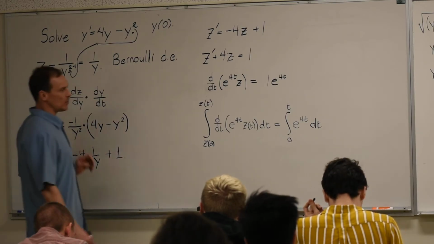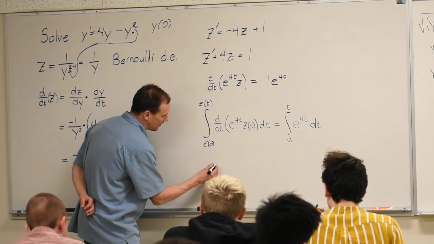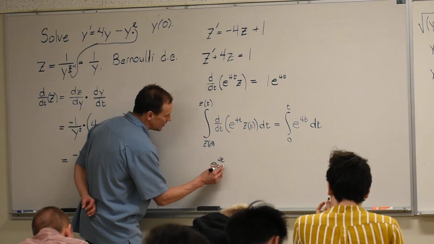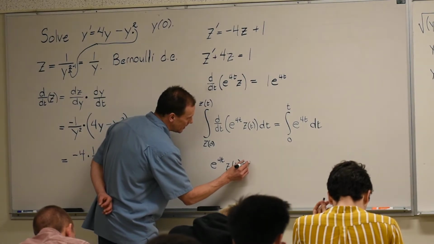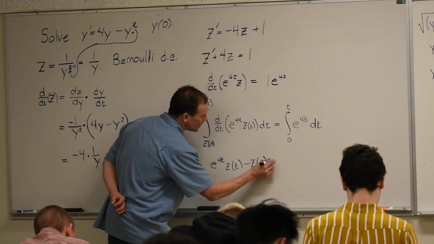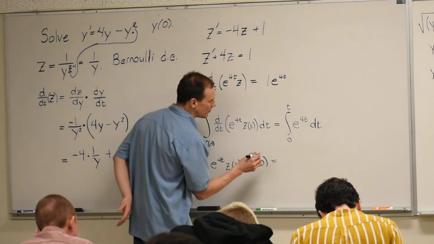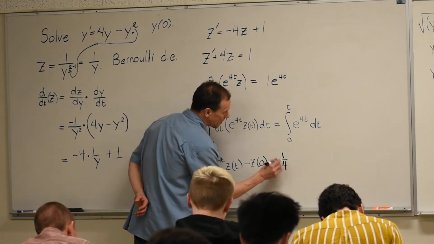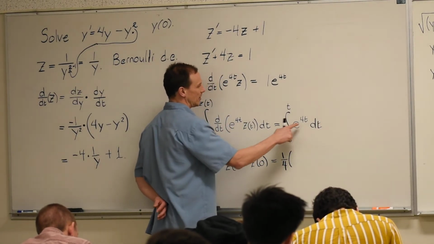Let's see, I think we got one more line here. You can write this as e to the 4t z of t minus z of 0 is equal to 1/4 times, oh, this could have been in s's, sorry.